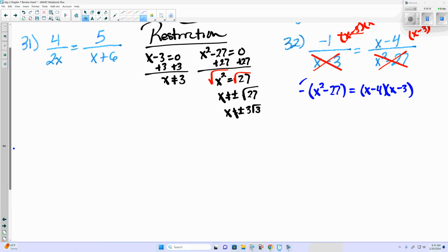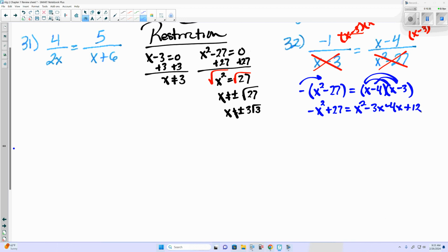Now we're going to distribute. For the left-hand side, we'll distribute the negative, giving us negative x squared plus 27 is equal to. Here, we're going to distribute the x. X times x is x squared. X times negative 3 is negative 3x. Negative 4 times x is negative 4x.